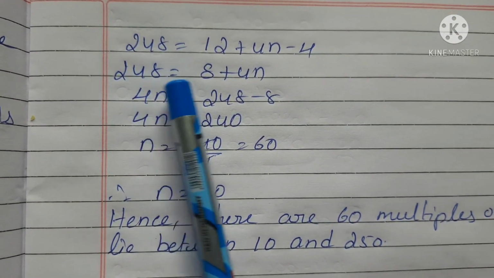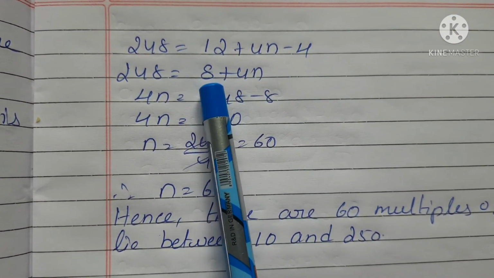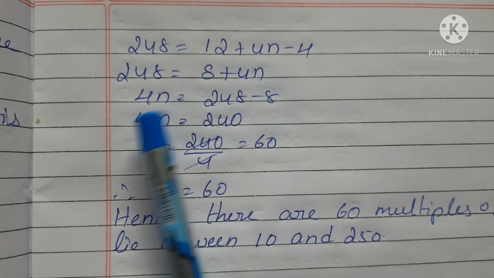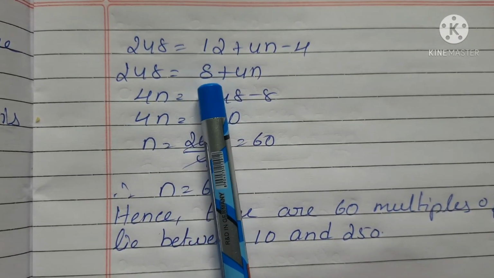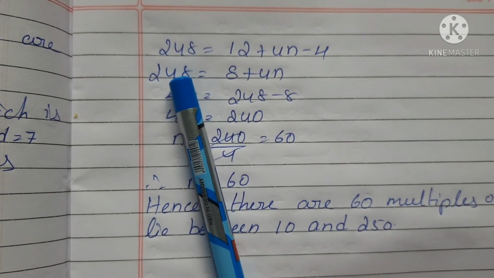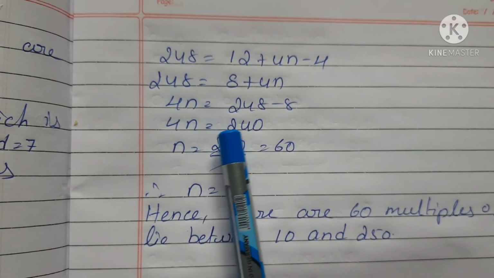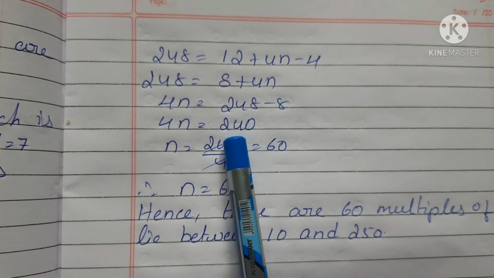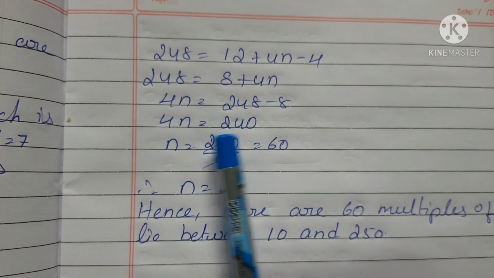Now 248 is equal to 12 minus 4, which is 8, plus 4N. Now 4N is equal to 248 minus 8, as the plus 8 goes to the left hand side and becomes minus 8. 248 minus 8 is 240. 4N is equal to 240.